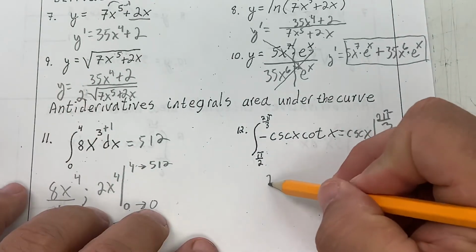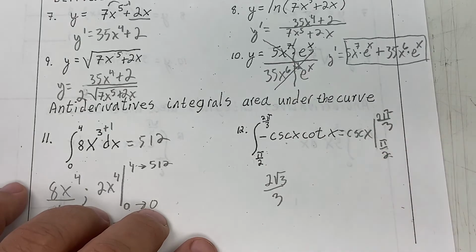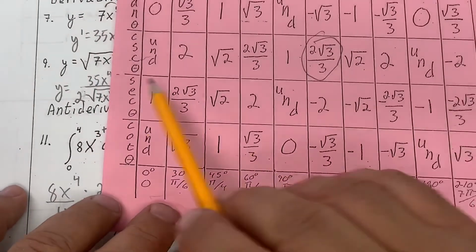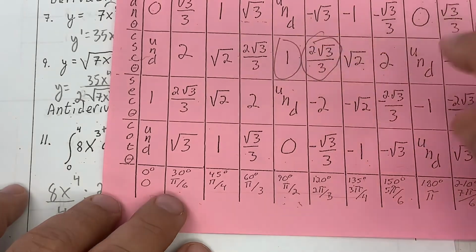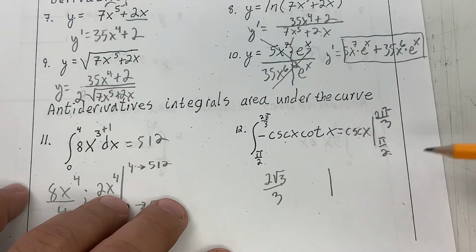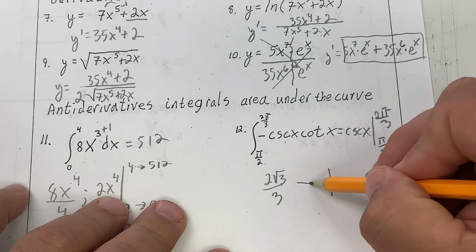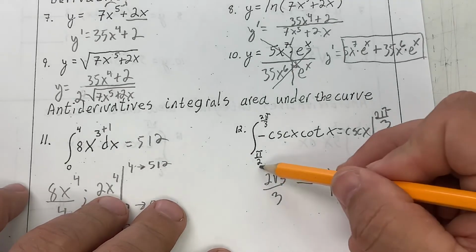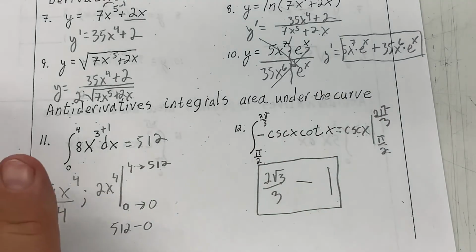So I'm going to write that down here, 2 root 3 over 3. Then I need to find out what cosecant of pi over 2 is. So cosecant of pi over 2 is here. That's going to be 1. I don't know if you remember doing this, but when you get this number and this number, you just subtract them. And that is going to be your answer: 2 root 3 over 3 minus 1. No decimal, please.